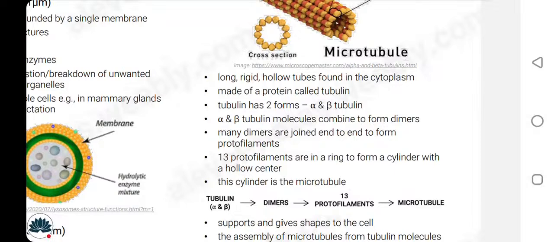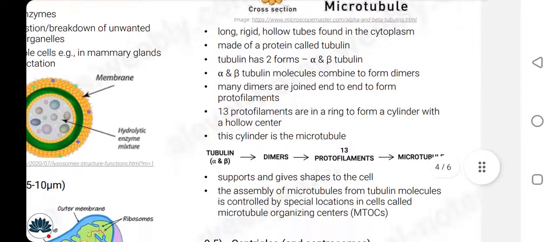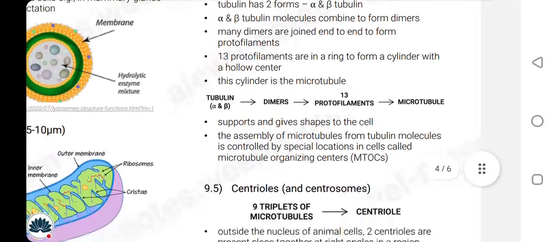This cylinder is a microtubule. It supports and gives shape to the cell. The assembly of microtubules from tubulin molecules is controlled by special locations in the cell called microtubule organizing centers, or MTOCs.